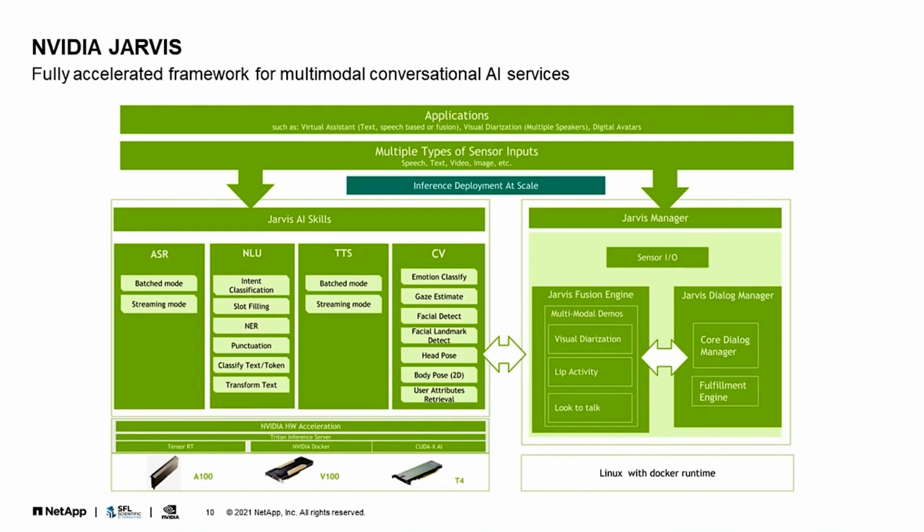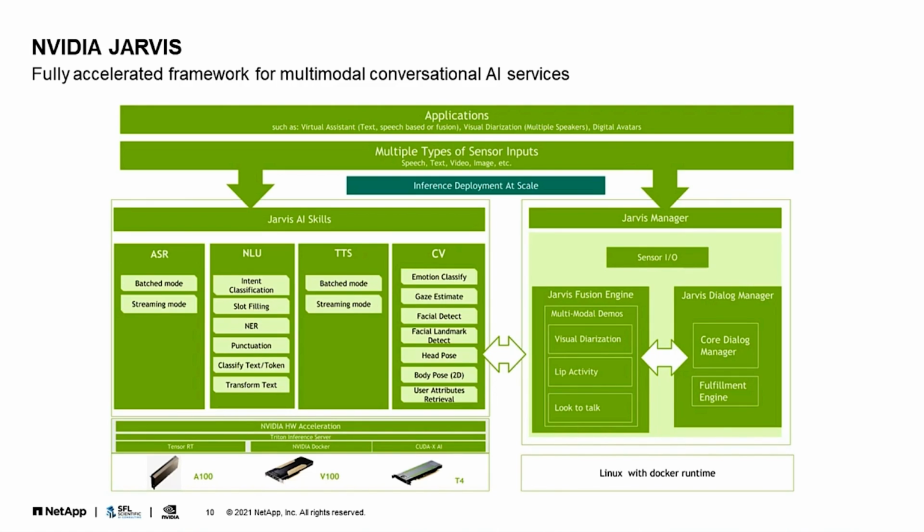So all these services can be accessed individually. And on the right side, we have the Jarvis Manager, which implements fusion between the skills on the left and also provides a dialog manager, basically offering a managed way of using the skills.